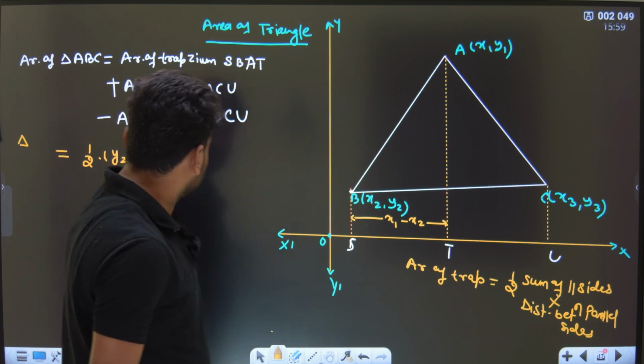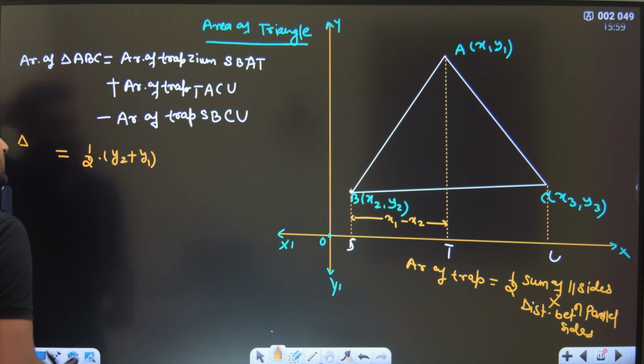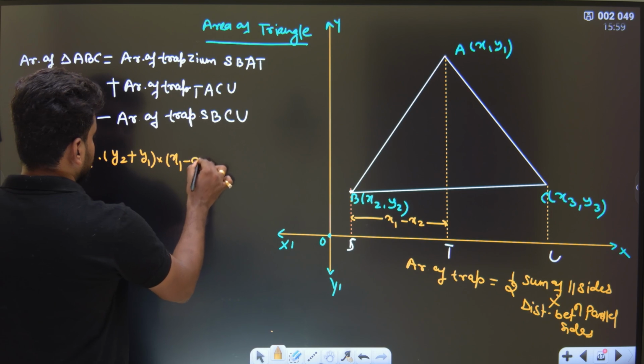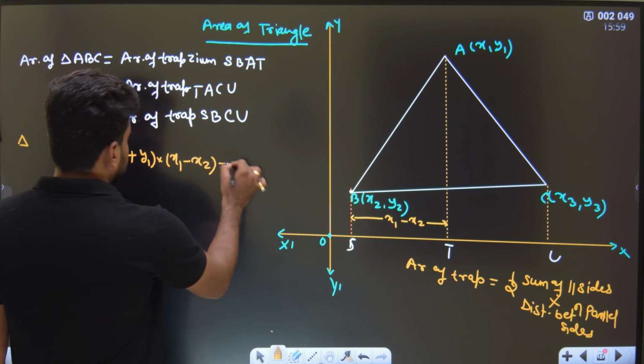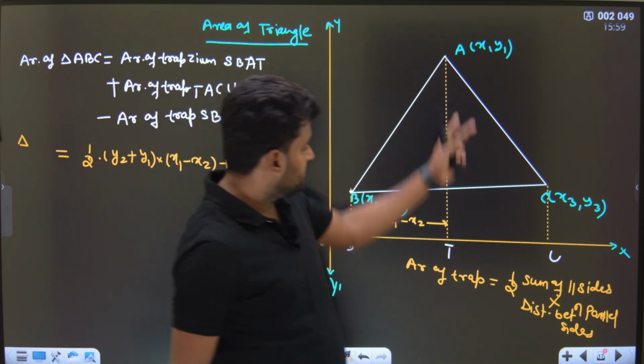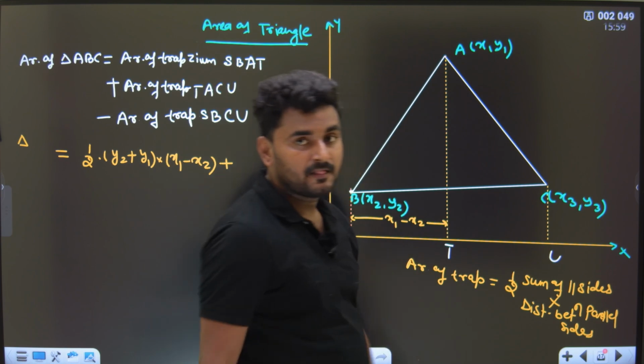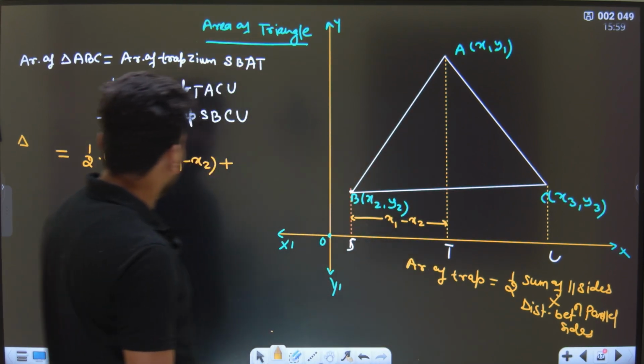So here I write x1 minus x2. Plus, for this trapezium, I will find the sum of the parallel heights.